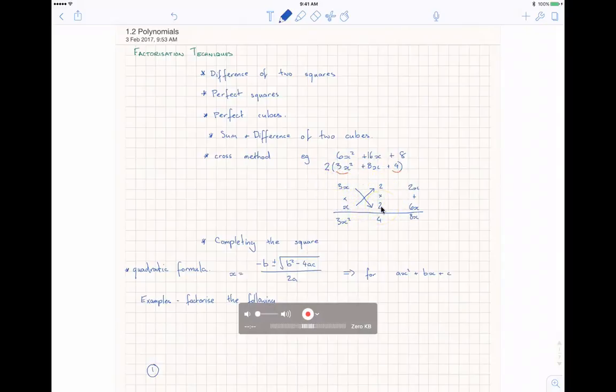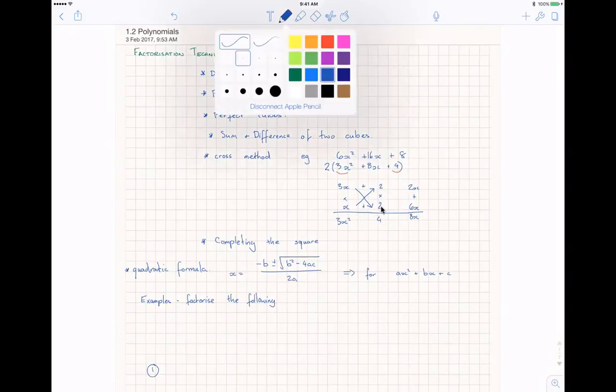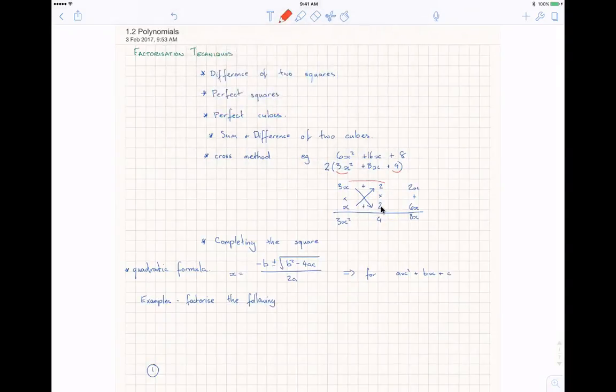They were positive 2's, so our factors become 3x plus 2 and x plus 2. So 6x squared plus 16x plus 8 can be factorized as 2 times 3x plus 2, x plus 2.